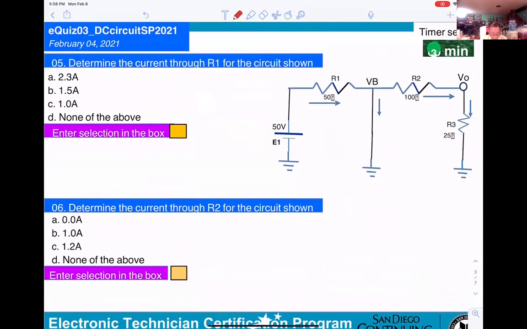Now, number 5, they want the current through R1. They want that current here. You must understand one thing. The current will be trying to go to anywhere with less resistance.